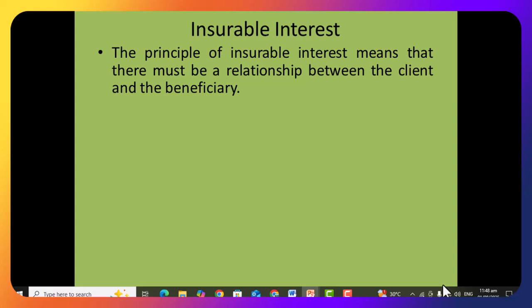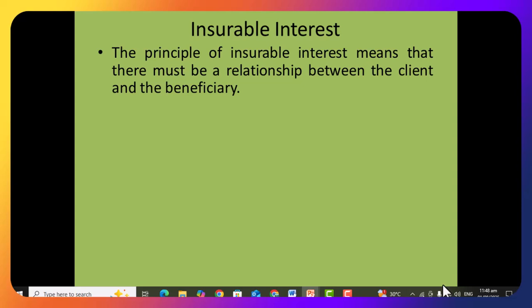When it comes to general insurance, the ownership of the property creates that insurable interest. Like if I have a car, and the car suffers some loss in an accident or is stolen, then the financial loss will be for me, not for someone else.